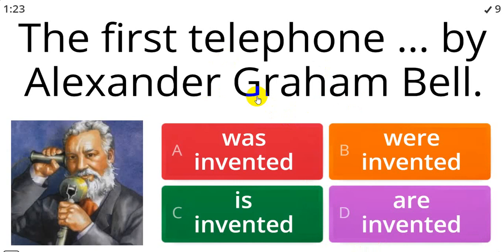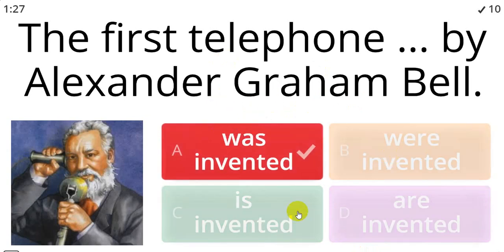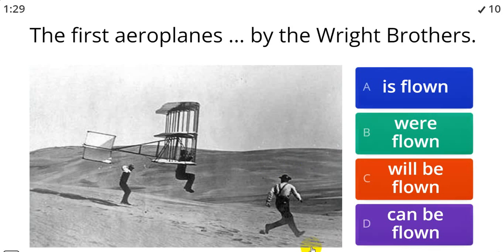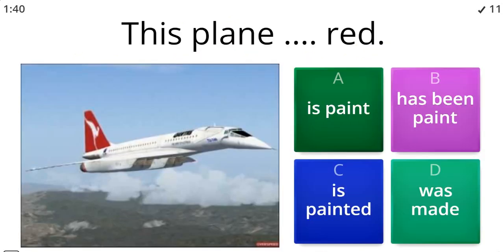The first telephone was invented by Alexander Graham Bell in the past simple passive, and the first airplane by the Wright brothers was flown. Yeah, right. This plane is Bentley's bread.